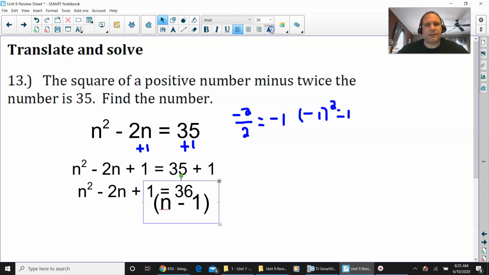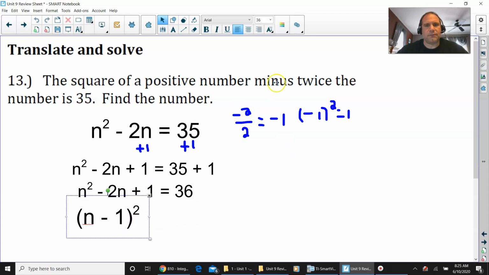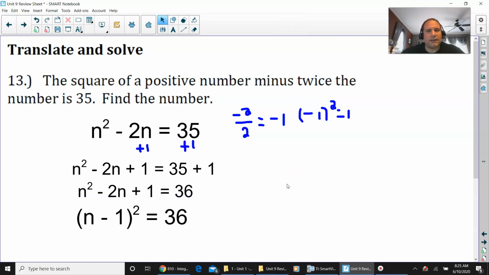But I'm not going to put n minus 1 twice. I'm just going to put squared, equals 36.